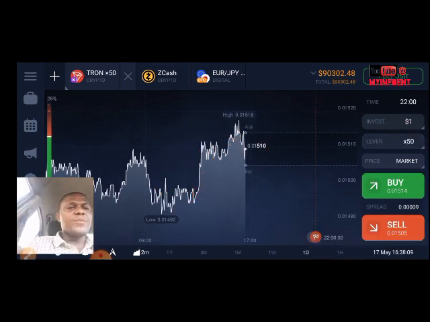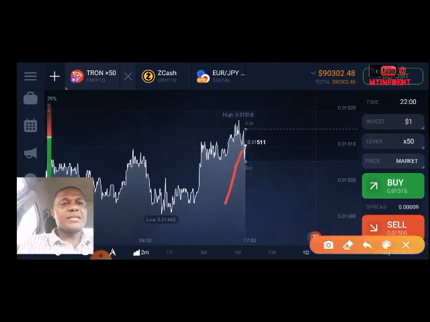So let me explain how leverage works. Assuming your investment is $1 and you use a leverage of 1,000, that simply means the broker is lending you 1,000 times your $1, which makes $1,000. As you can see, this is the price movement as it moves up and down.